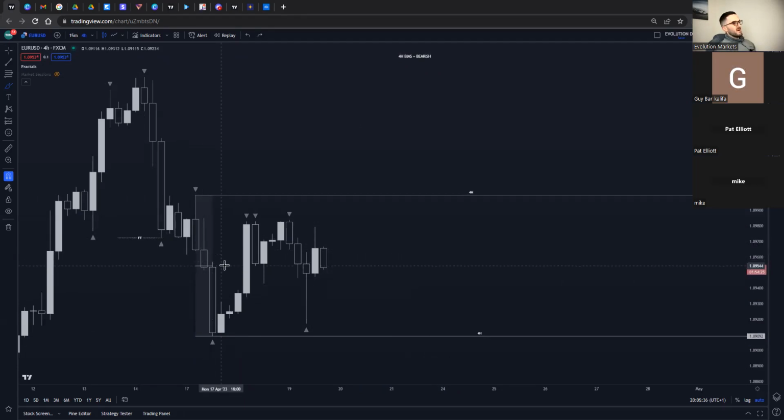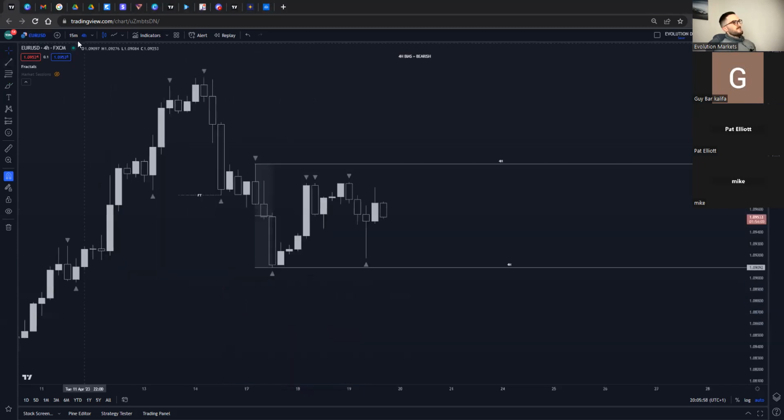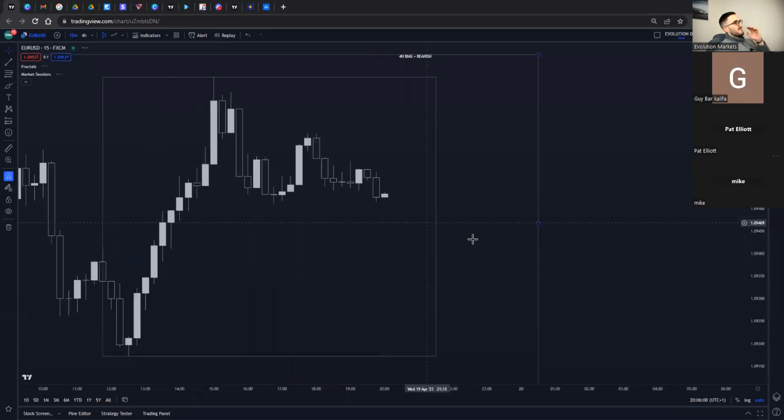We're waiting for price to get into premium, so come into a premium market, i.e. sell it at a premium price and then buy it back at a discount. When I say buy it back, I mean when you're in a short trade, to get out of the short trade, not buying in discount. So that is pretty much the high time frame, that 4-hour covered.